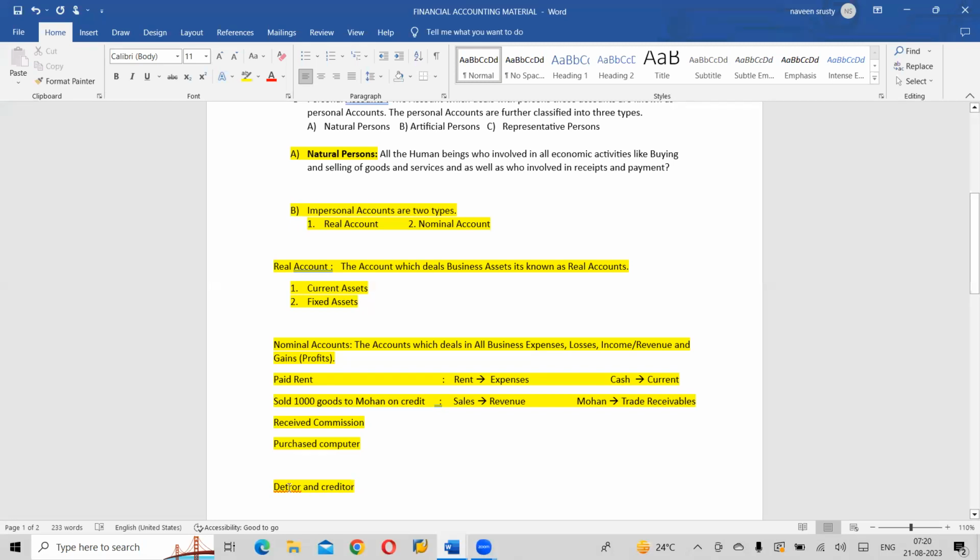And someone to whom the business has to pay, to whom the business is liable to pay, is considered a creditor. But we normally use the terms sundry debtors and sundry creditors.